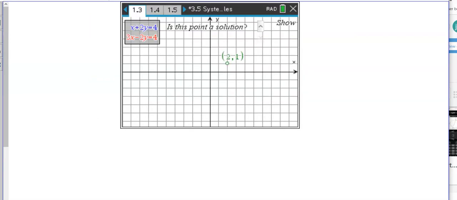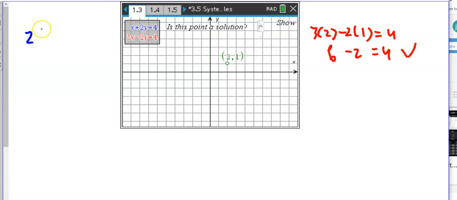Let's try one more here. This would be 3 times 2 minus 2 times 1 equals 4. 6 minus 2 equals 4. That's true. And here, x is 2, so 2 plus 2 times 1 equals 4. So 2 plus 2 is 4. That's true.